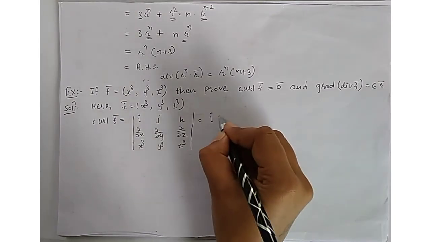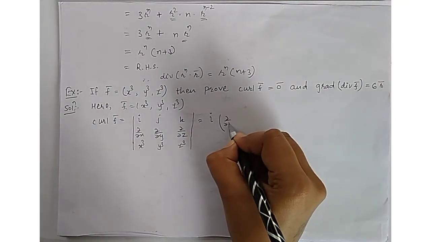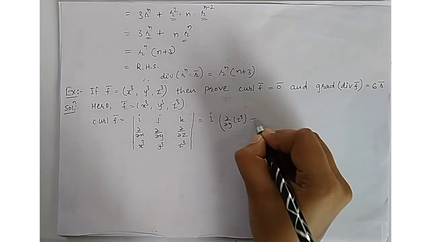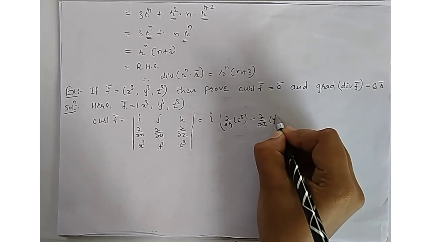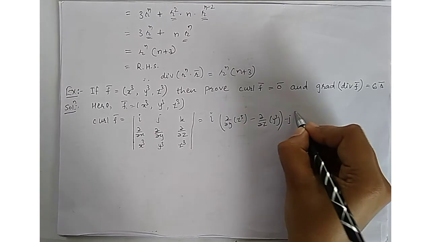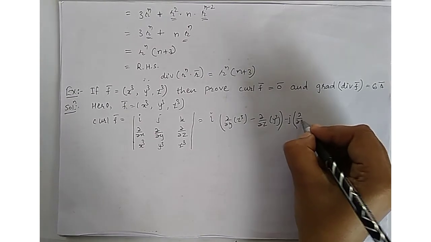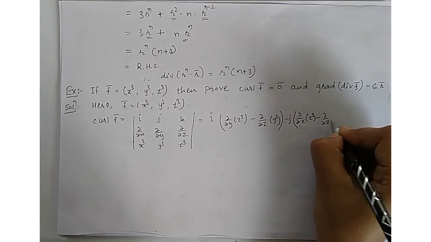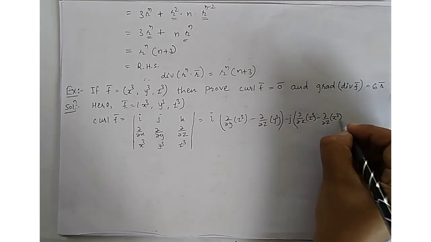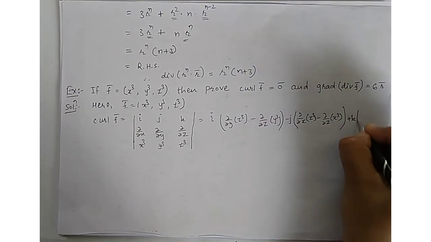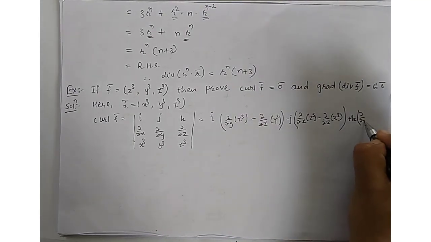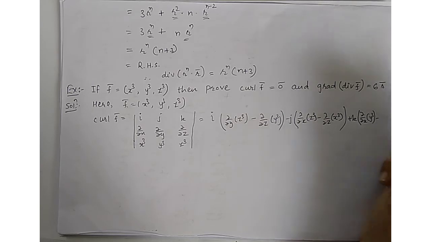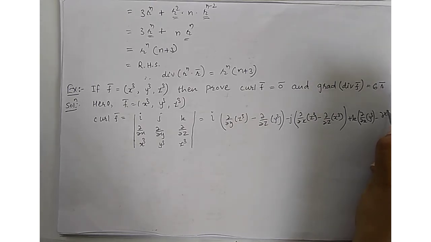So it is equal to i of del by del y of z cube minus del by del z of y cube, so minus j into del by del x of z cube minus del by del z of x cube, so plus k into del by del x of y cube minus del of x cube by del y.